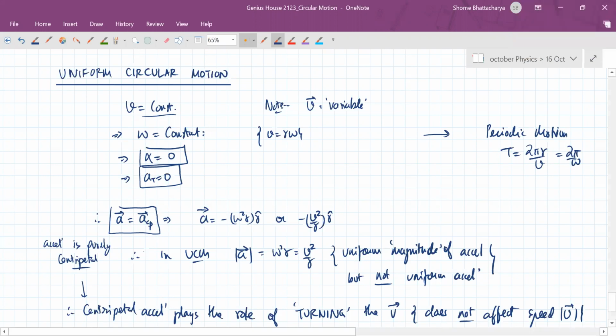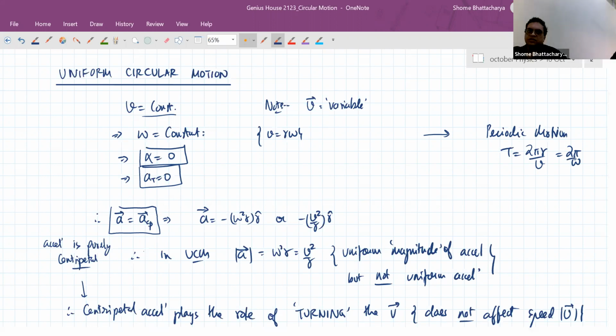Then, sir, how does circular motion start? So it's like, when you switch on a fan, for some amount of time, there must be non-uniform circular motion as it is reaching its particular RPM. But thereafter, it will be in uniform circular motion unless you again change the position of the regulator or switch it off. Okay, understood the point now? Yes.